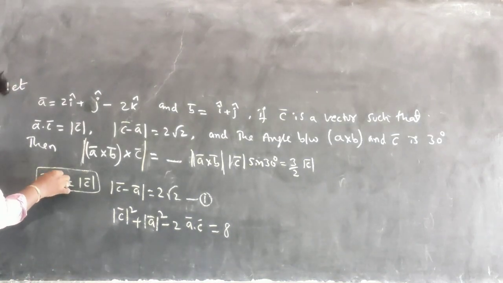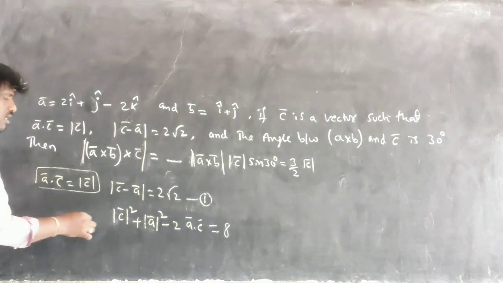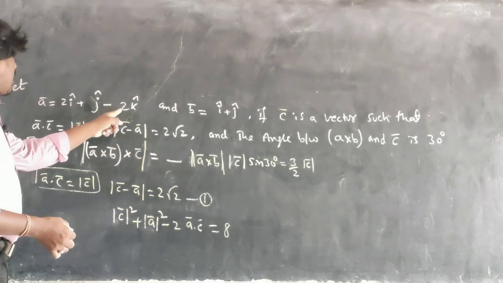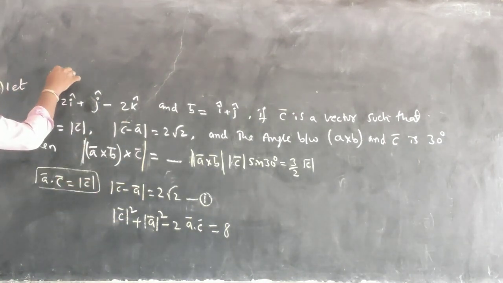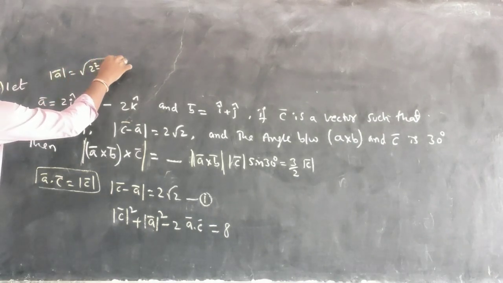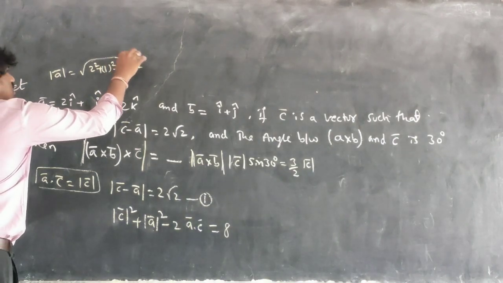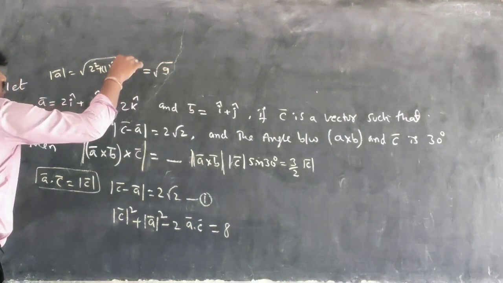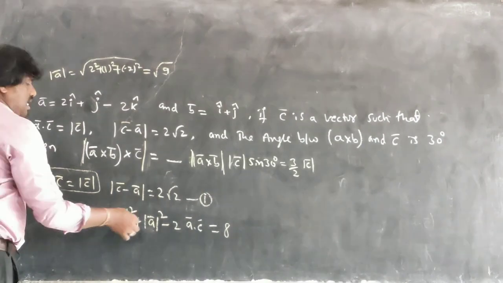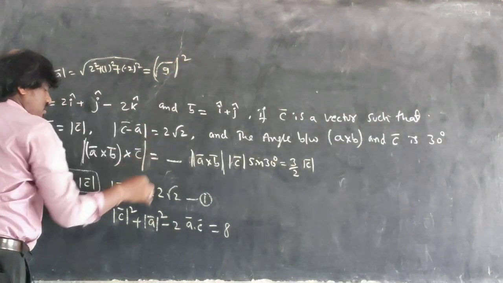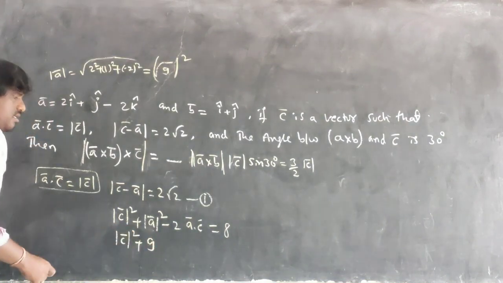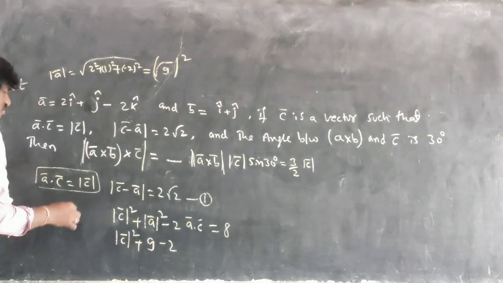Given A dot C is mod C. Mod C square we don't know, but mod A square I can get from here. Mod A is the square root of 2 square plus 1 square plus minus 2 square, that is the square root of 9, that is 3, so mod A square is 9. So I am getting mod C square plus 9 minus 2 times mod C.